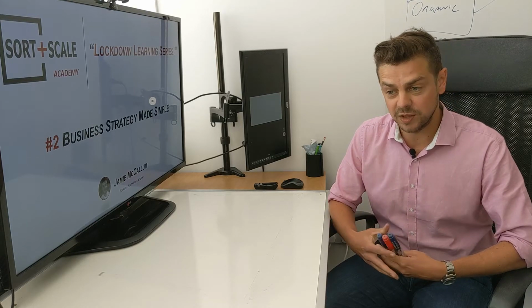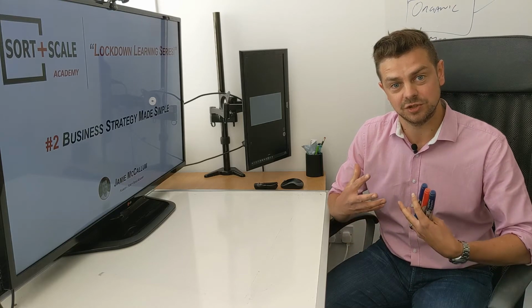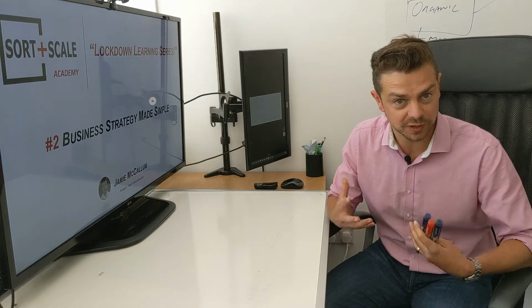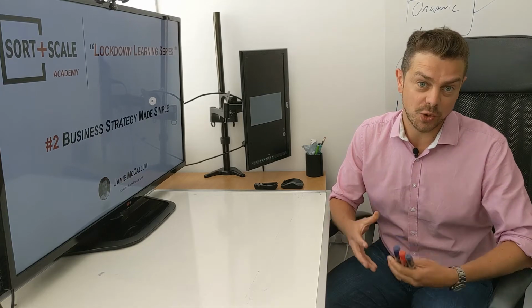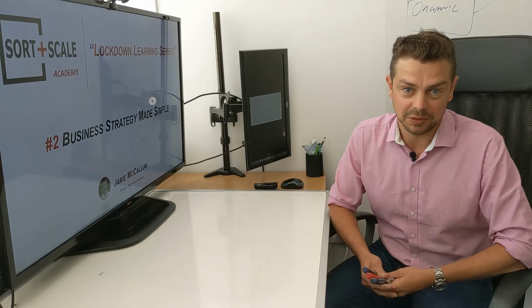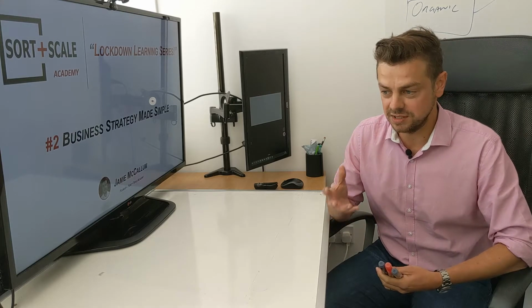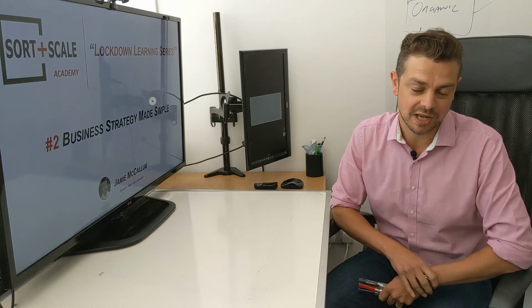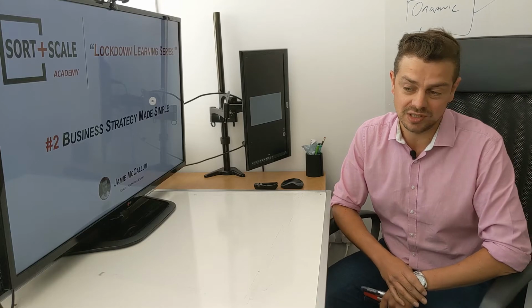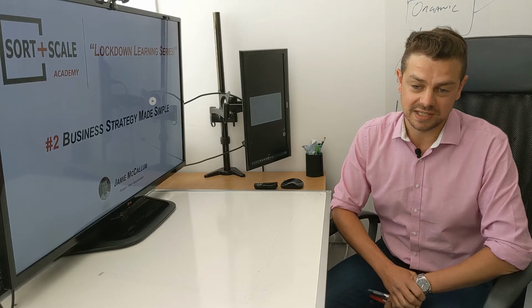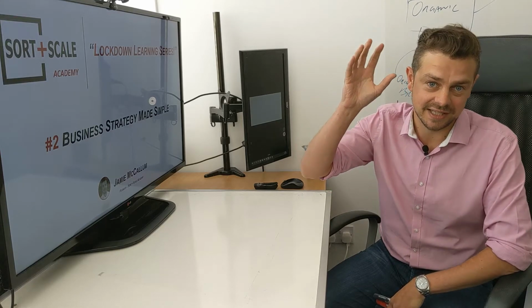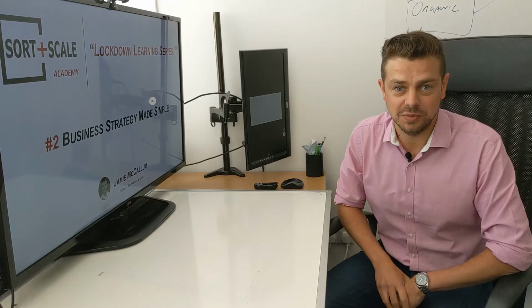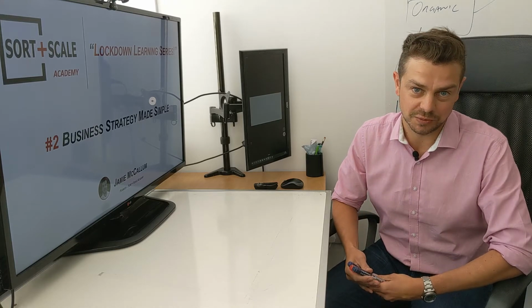The way that we describe strategy at Sort and Scale when we are working with business clients is that the strategy is not a plan. A plan is often a very meaty document which illustrates how you're going to execute a strategy, but a strategy is the very simple but very high level decisions that you make that you believe are going to achieve your business growth objectives.